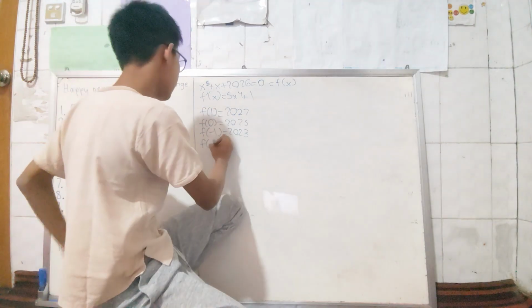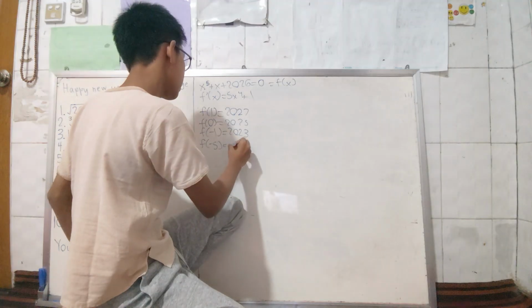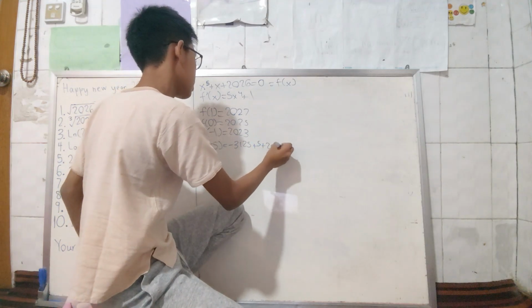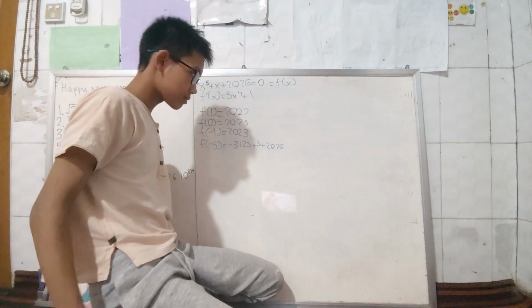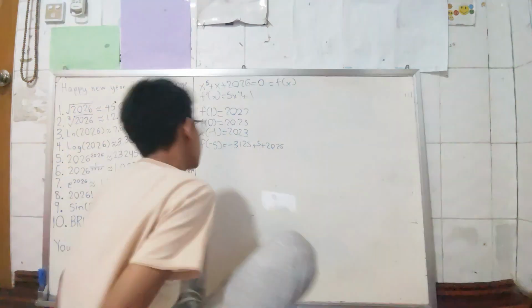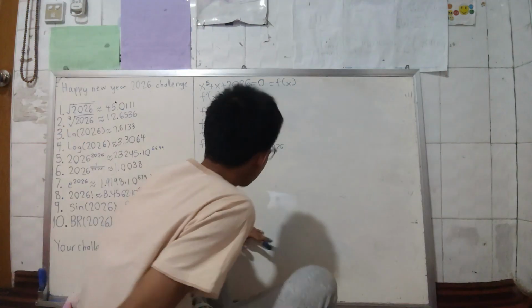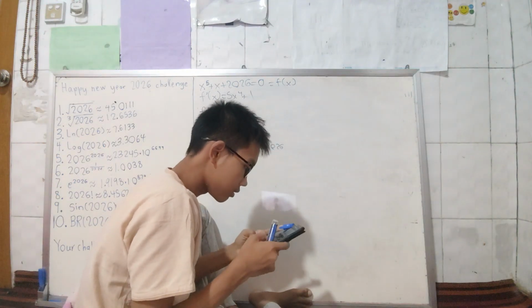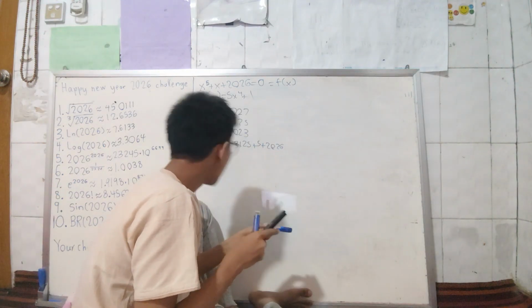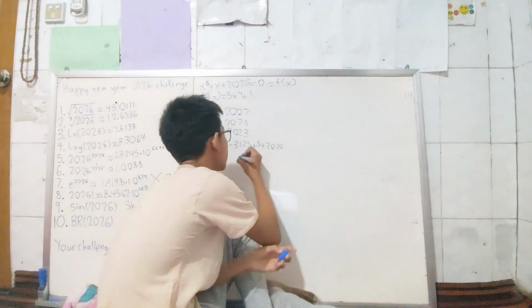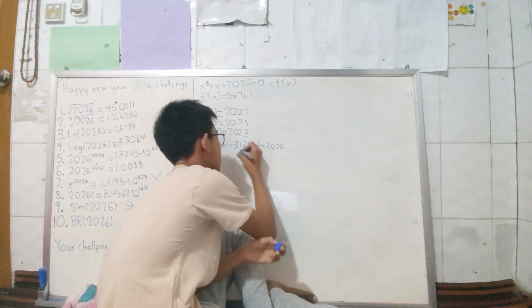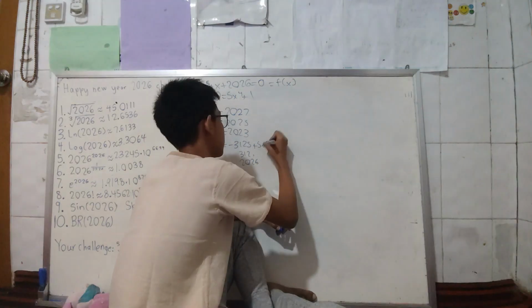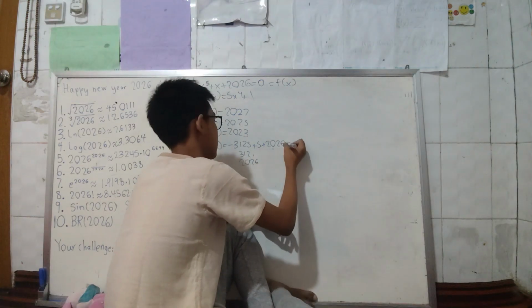So f of negative 5 should be negative 3125 plus 5 plus 2026. 5 to the 5th power, that's 3125, right? Yes. 3125 plus 5 plus 2026.